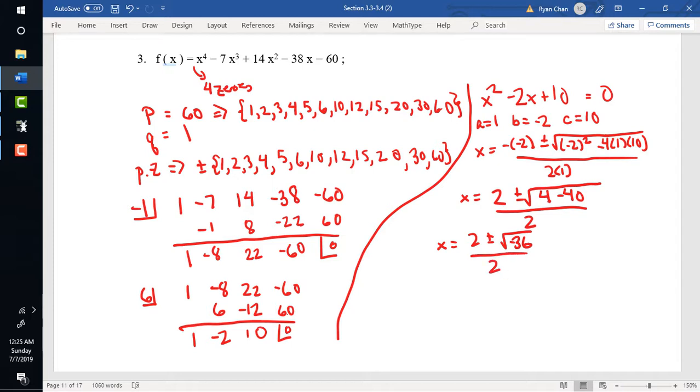Let's split this up. So I have 2 over 2 plus or minus, I'm going to pull out the i, square root of 36i over 2.